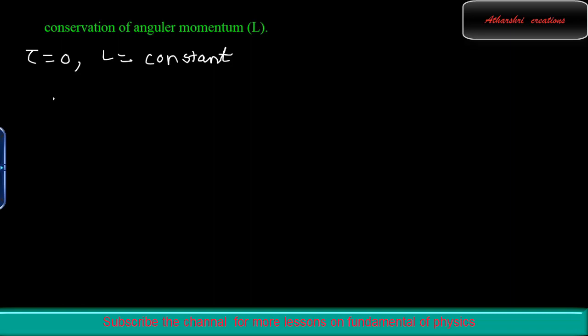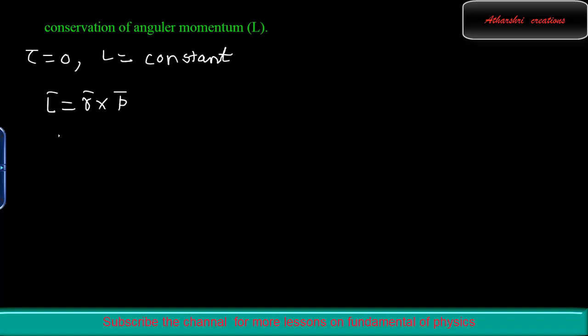See, now the equation for angular momentum in vector form is L bar, which is equal to R bar cross P bar. Here R bar is the position vector from the axis of rotation and P bar is the linear momentum.